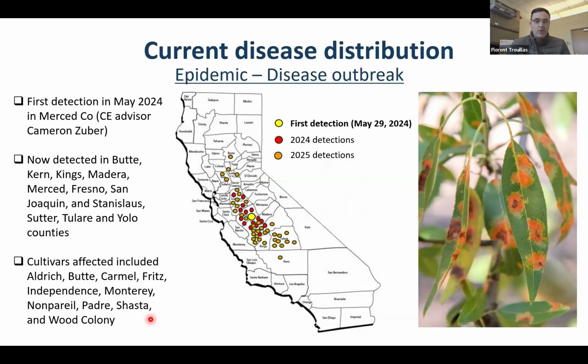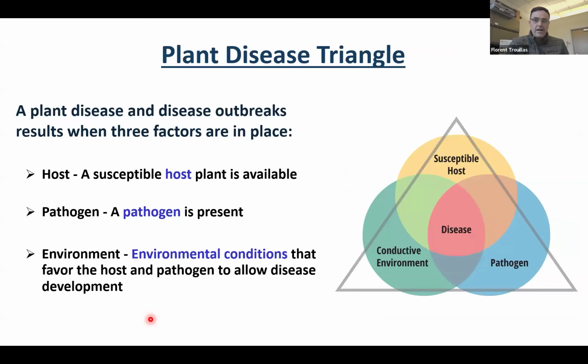And I think at this point, pretty much every almond farm has got to be addressing the management of red leaf blotch in the orchards. So here I like to remind some basic principles of how this disease outbreak occurs.